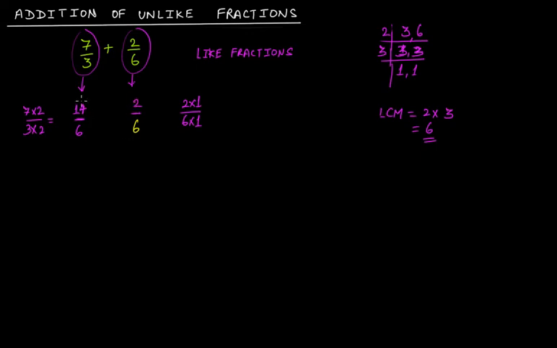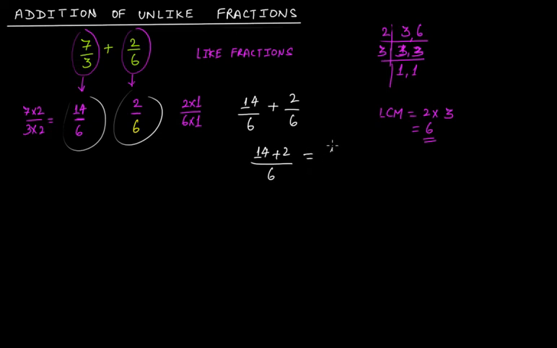So this is 14 by 6 and this is 2 by 6. Now you can add them. You add 14 by 6 and 2 by 6, the denominator will be 6, and 14 plus 2 will make it 16 over 6. So this is your answer.